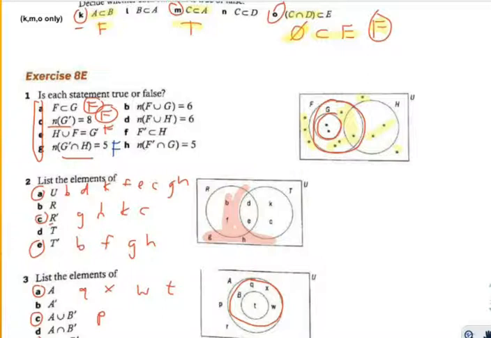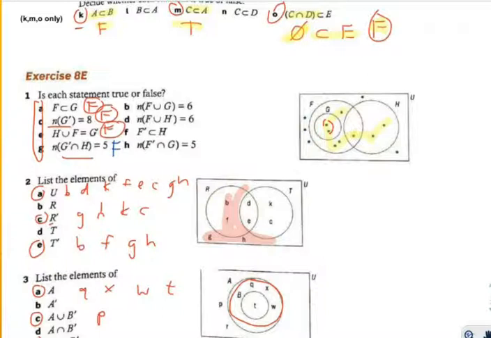H union F, is that equal to G complement? So let's check out H union F. H union F would be these two, that one, and union F would mean that it would also be those, okay? Is that equal to G complement? I don't think so, because G complement would be everything except for that. So no, those are not equal at all.